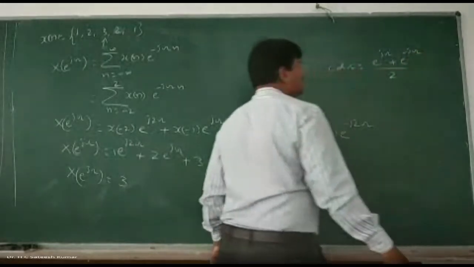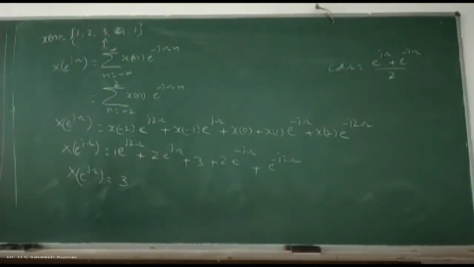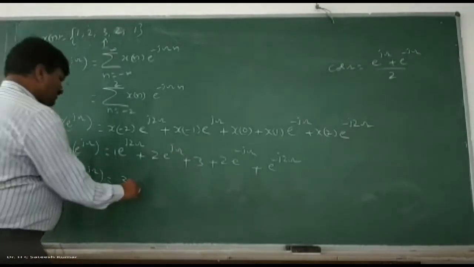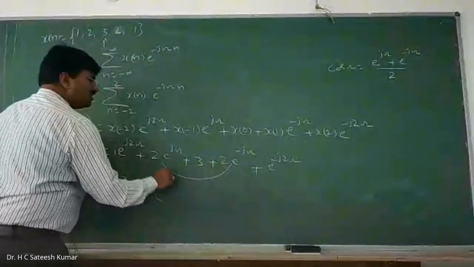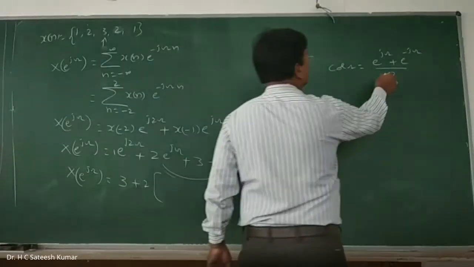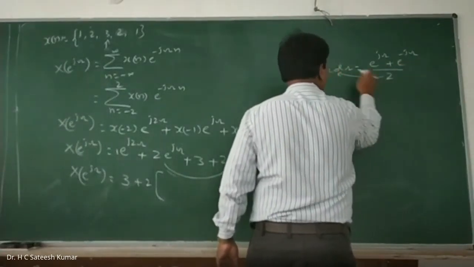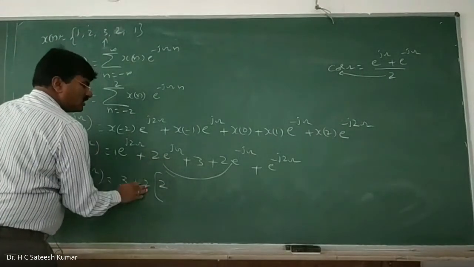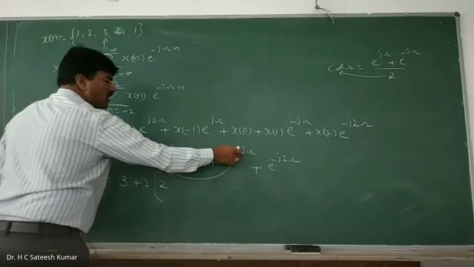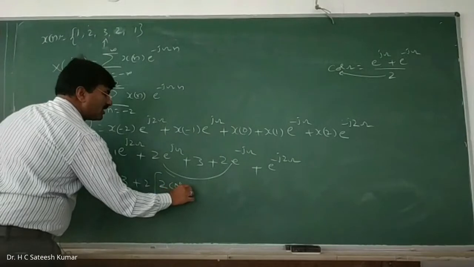Combining the 2 e to the power of j omega terms, I take the 2 outside, and e to the power of j omega plus e to the power of minus j omega is nothing but 2 cos omega. I'll write it as 2 cos omega.